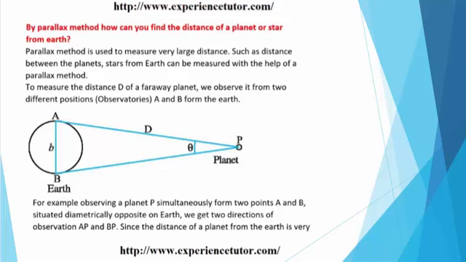To measure the distance D of a faraway planet, we observe it from two different positions, observatories A and B on the Earth, as given in the below figure.